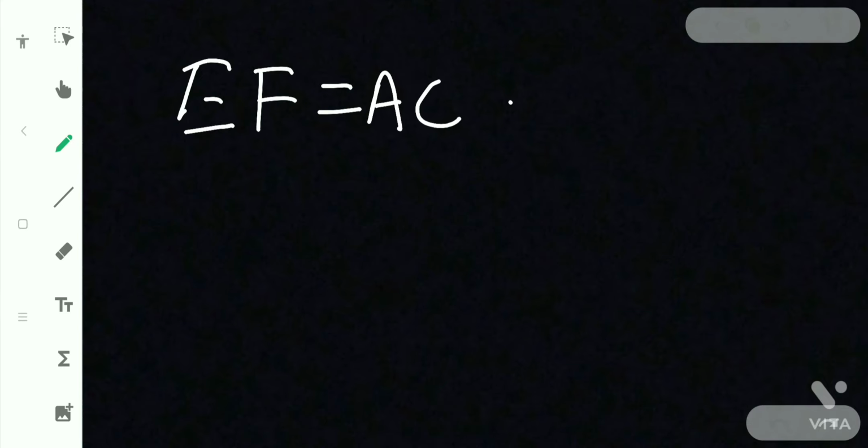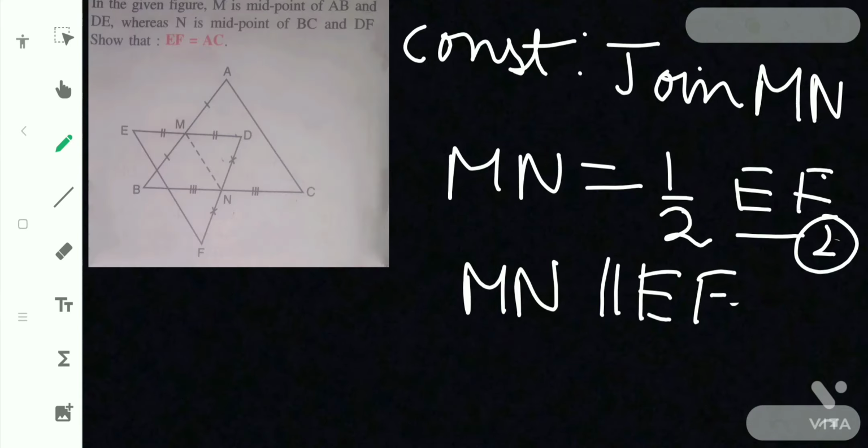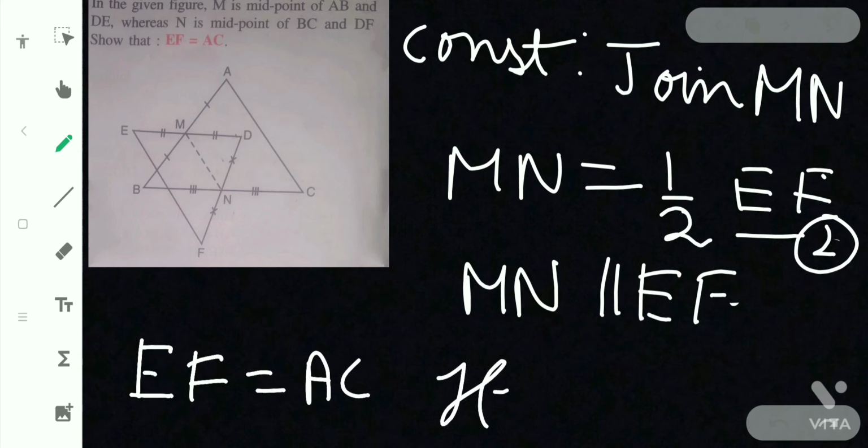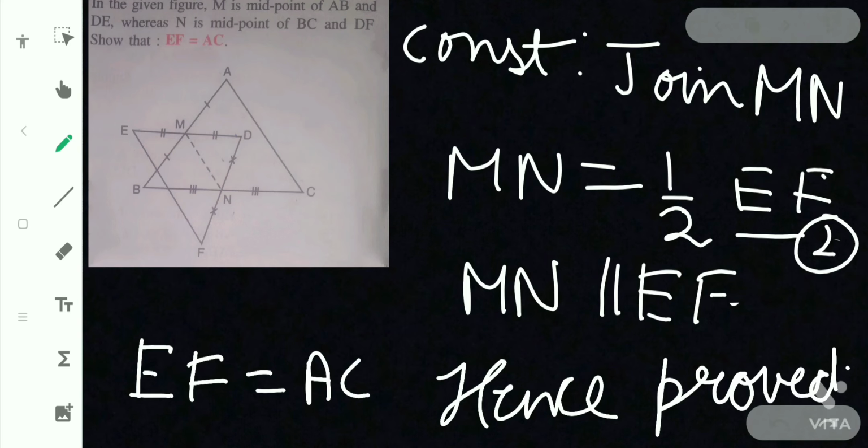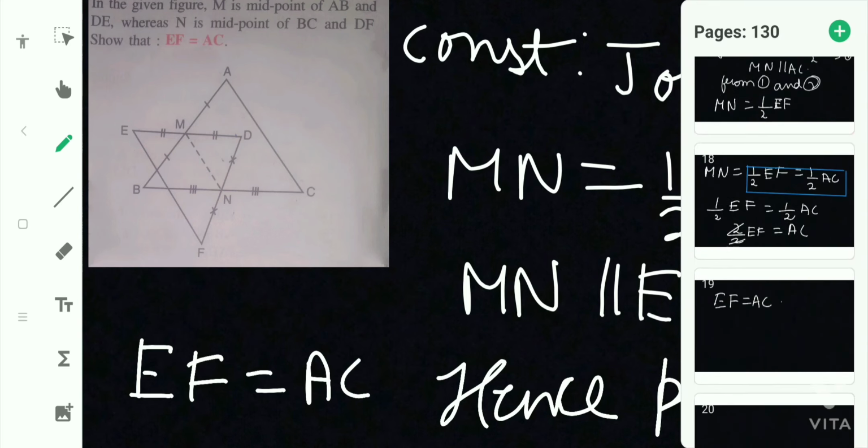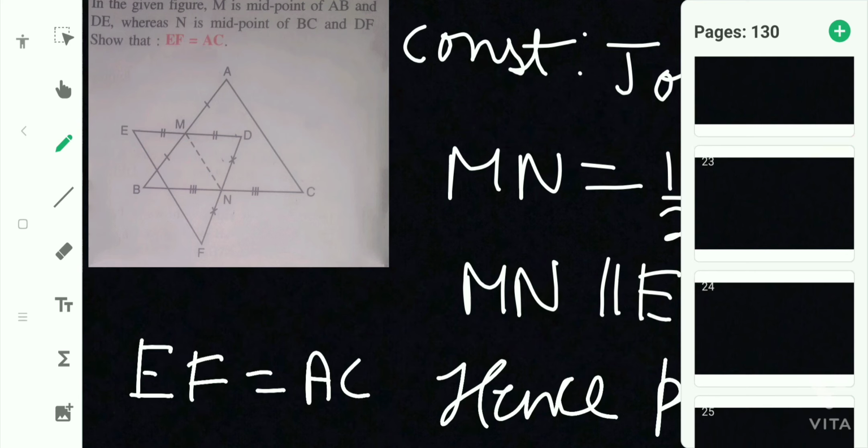What they asked to prove is EF is equal to AC, so we have proved it. Hence proved. Okay, now let us go on to the next question, the last question.